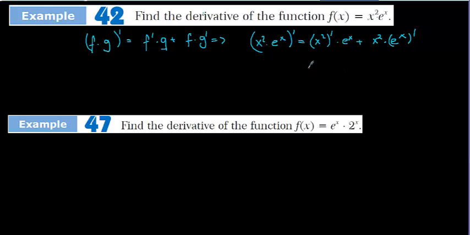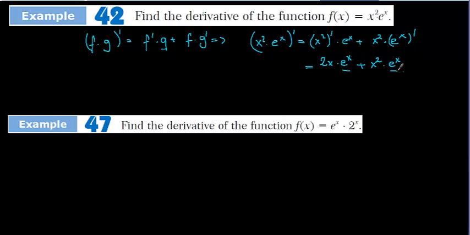Here we have x squared derivative equal to 2x, times e to the power of x, plus x squared times e to the power of x derivative. And if you remember, e to the power of x is a function whose derivative is equal to itself.